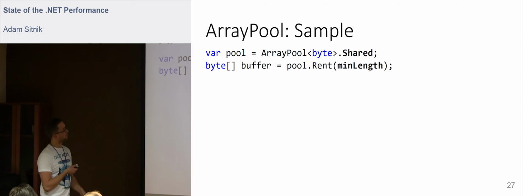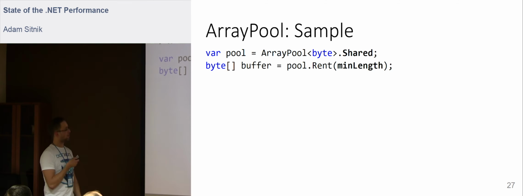And once we have it, we rent. We say what's the minimum size of the array we would like to get. And a very important thing is that the array that we get will most probably be bigger. So for example, if you are reading a web request and you get the size of the web request, and you rent the buffer and you want to write a for loop, then you don't rely on the array length because it will be bigger than what you have asked for.